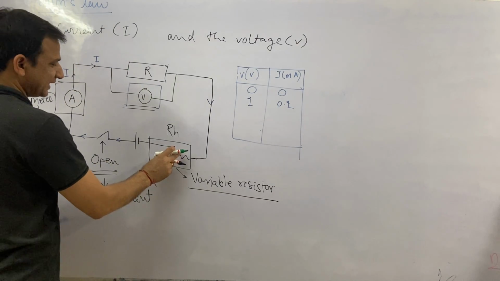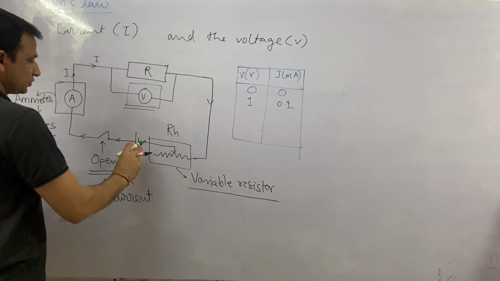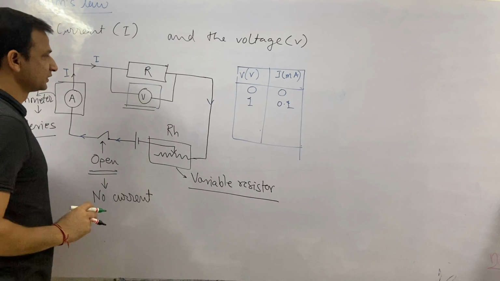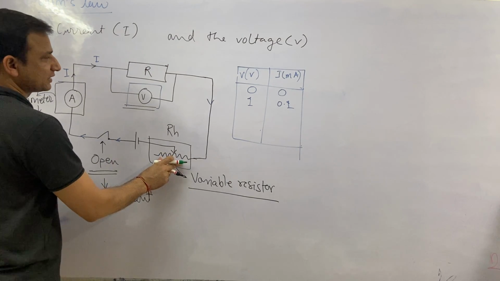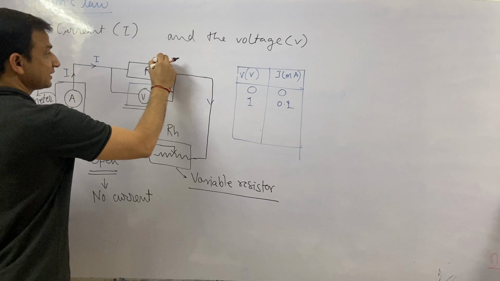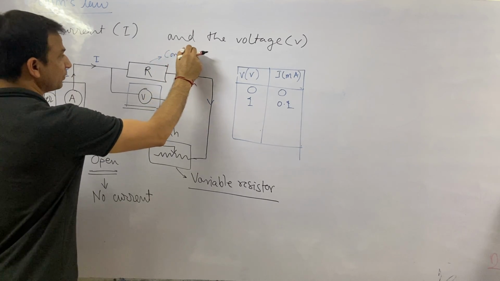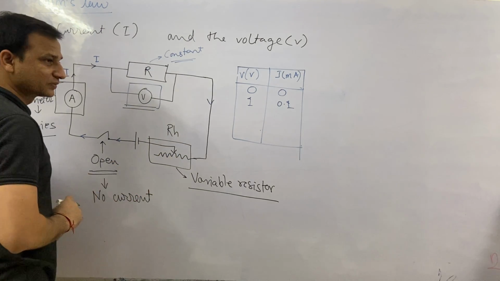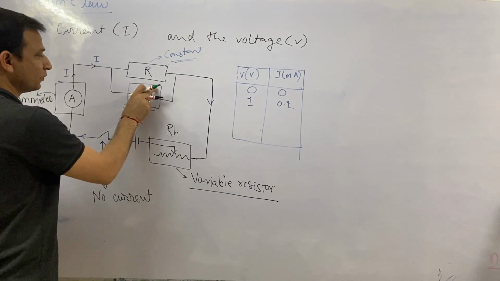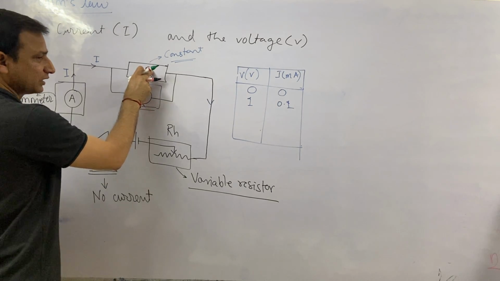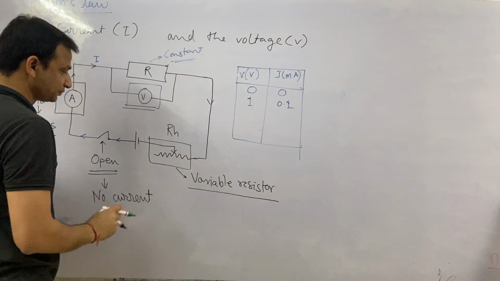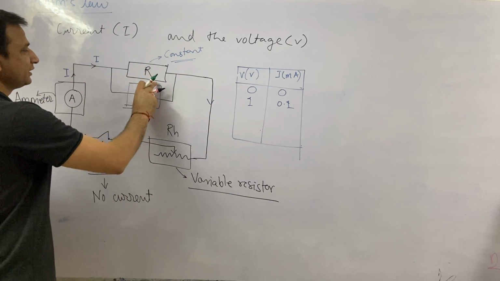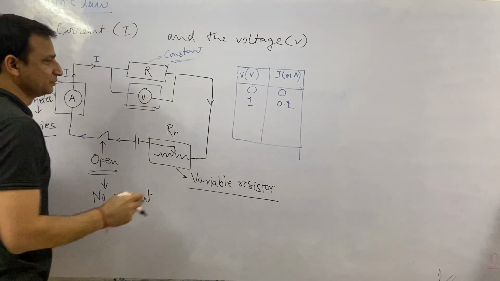Now decrease the resistance of the rheostat so that more current can flow through the circuit and through this resistor. Make sure the resistance of the resistor itself remains constant; you are measuring voltage across resistor R, not across the rheostat. When you decrease the rheostat resistance, more current flows and the voltage across the resistor increases.